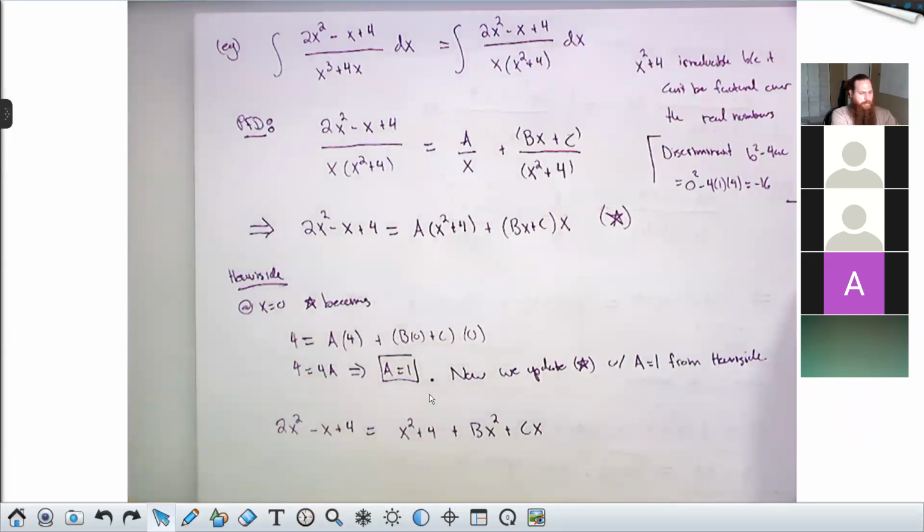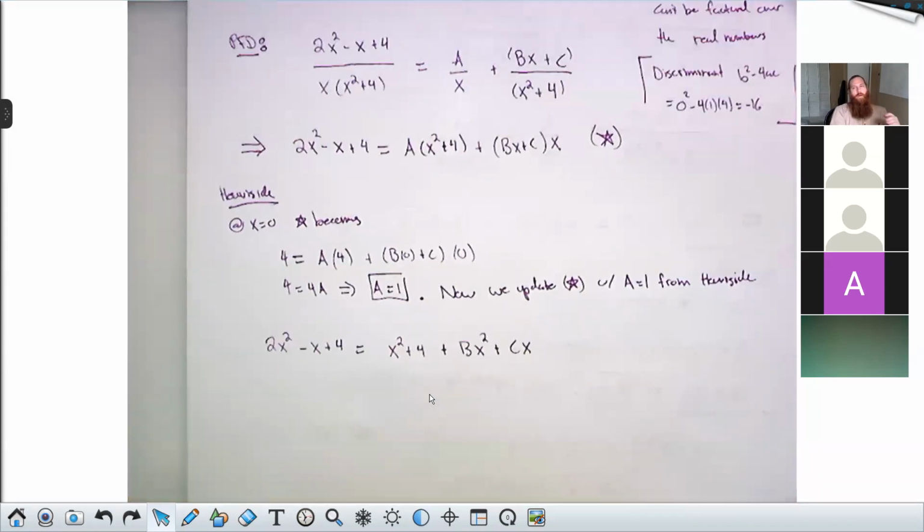And now I've got two unknowns. So plugging in something for x won't right away give me anything I can solve for B or for C, because any number I plug in that makes this go away will also make this go away, and vice versa. So from here, I do have to do the thing that we were doing last week, where you collect coefficients and set up a linear system. But that linear system will be much simpler than it would be if I had not done this. Because I already got A out, that means my linear system, instead of being a 3x3, will be a 2x2, or maybe a 2x3. Let's see.